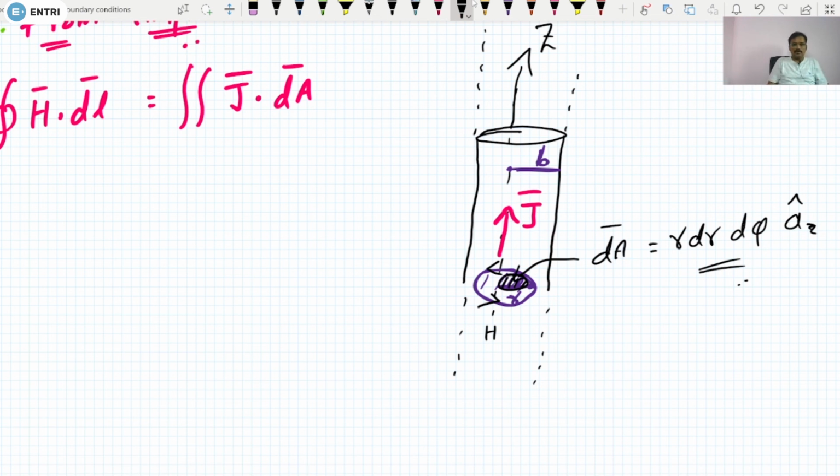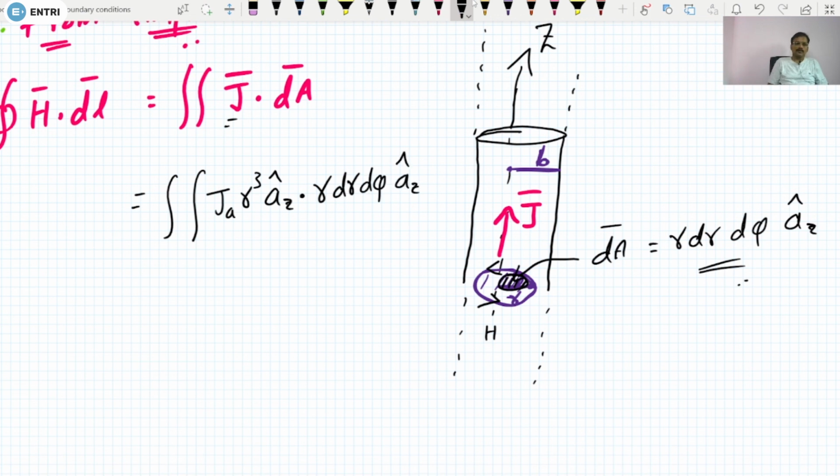That is the current penetrating the closed loop.